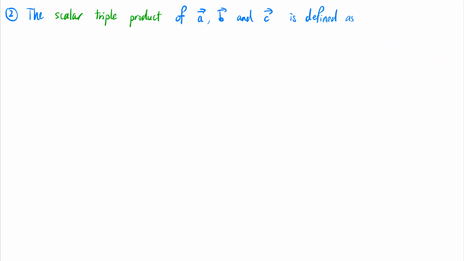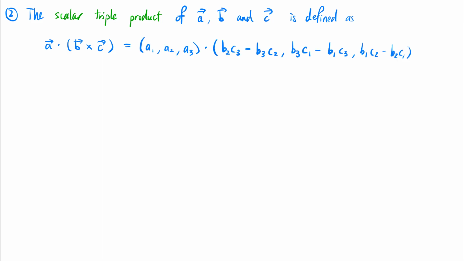Secondly, we define the scalar triple product of A, B, and C as A dot (B cross C). Using the definition of the vector product, we get the vector (A1, A2, A3) dot (B2C3 minus B3C2, B3C1 minus B1C3, B1C2 minus B2C1).